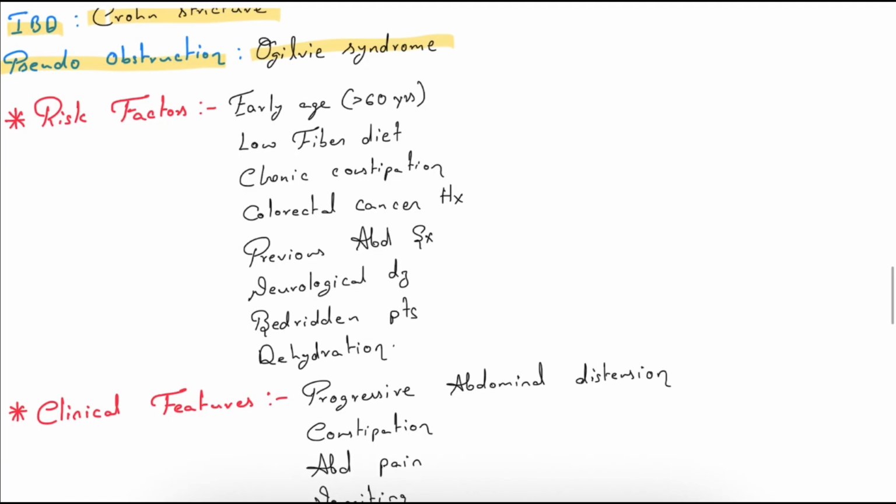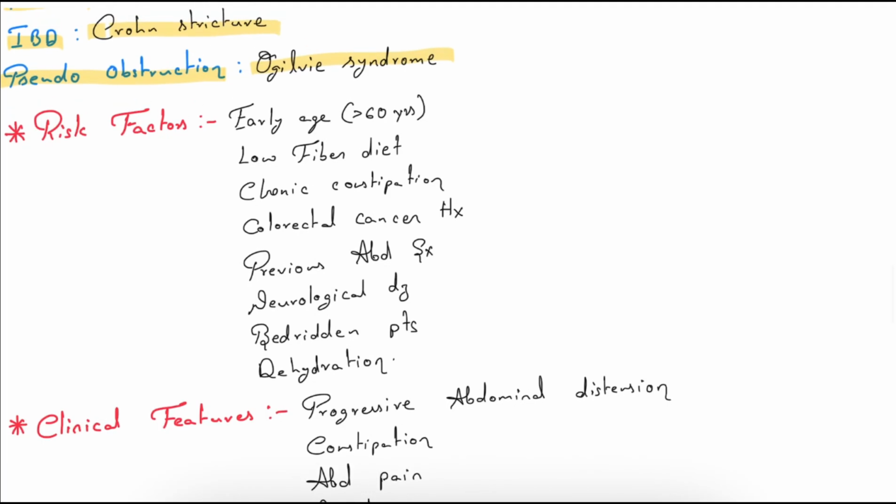Next, the risk factors of large bowel obstruction: age greater than 60 years, low fiber diet, chronic constipation, history of colorectal cancer, previous abdominal surgeries, neurological diseases that reduce peristalsis and motility, bedridden patients and dehydration. Colorectal cancer is the most important cause of large bowel obstruction in adults.